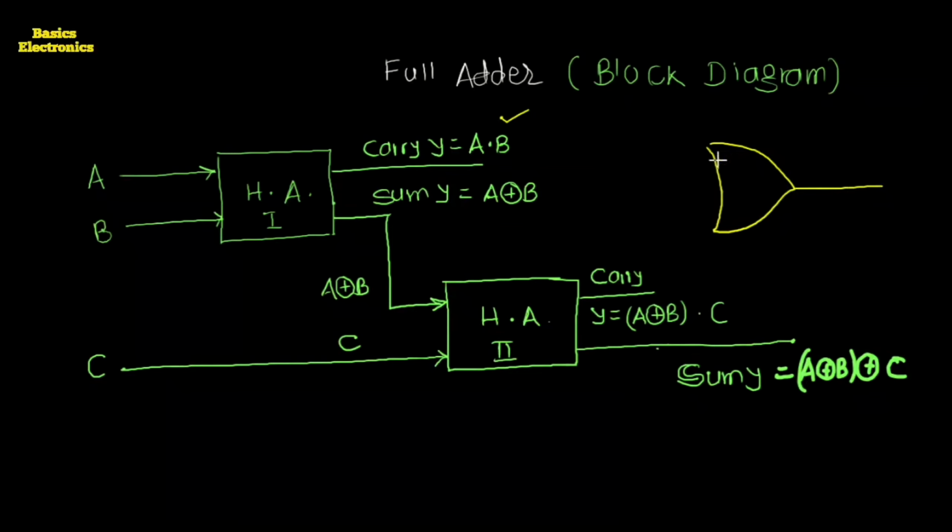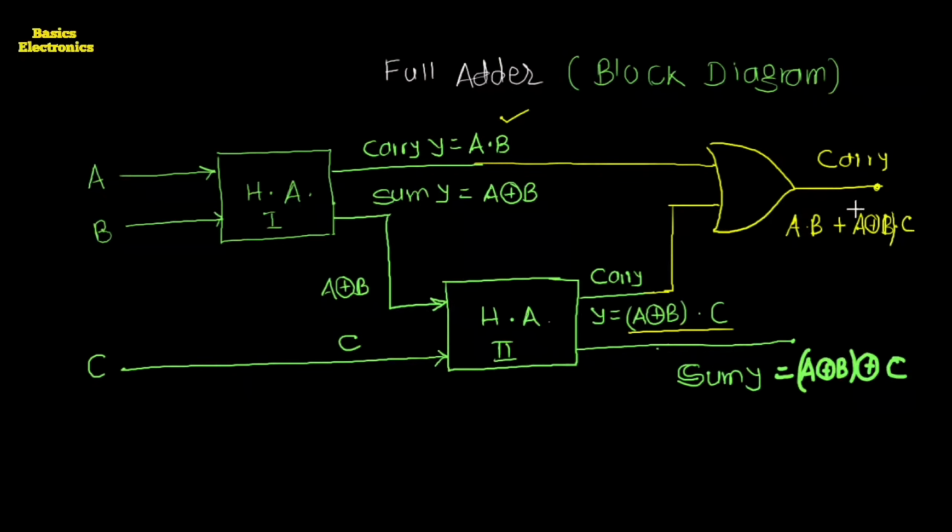This OR gate has the two carries applied: the first carry from the first half adder, which is A dot B, and the second carry from the second half adder, which is (A XOR B) dot C. The output is the final carry equation, given by A dot B plus (A XOR B) dot C.